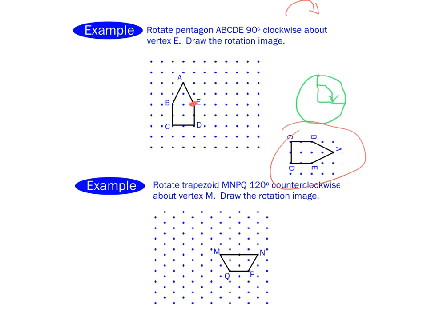One of the things we see on the right is that A is 2 spots to the right and 1 spot up from E. So the same thing is going to be true here. Our new A is going to be right there. That's A prime. We can also see B is 2 spots up from E. So that's the new B prime. C is 2 spots to the left of B.